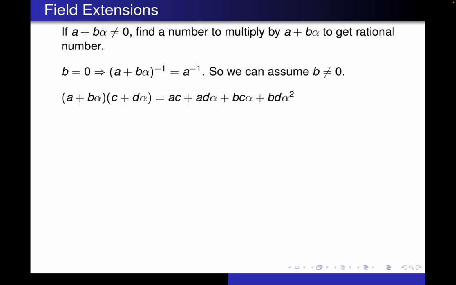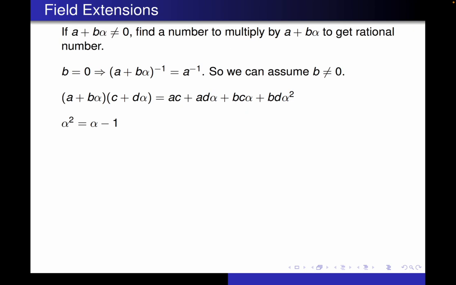Now, we'd like to write that in a way so that it looks like an element in Q of alpha, right? Because all the elements in Q of alpha are a rational number plus a rational number times alpha, but we have that silly little alpha squared that's kind of messing us up. But as you would see if you did the subring test on it, we can actually get that alpha squared into lower exponents by using the fact that alpha squared equals alpha minus 1.